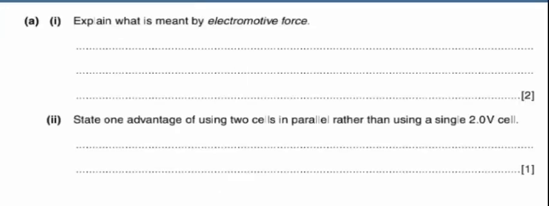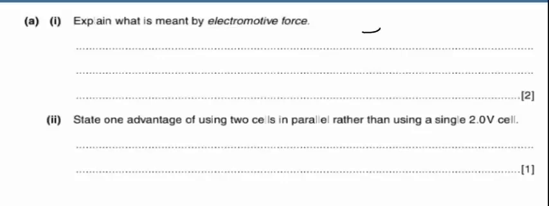So let's see the question. As for the first one, which is question A, Roman numeral number 1, it is saying, explain what is meant by electromotive force. So in terms of electromotive force, it is the same as potential difference.